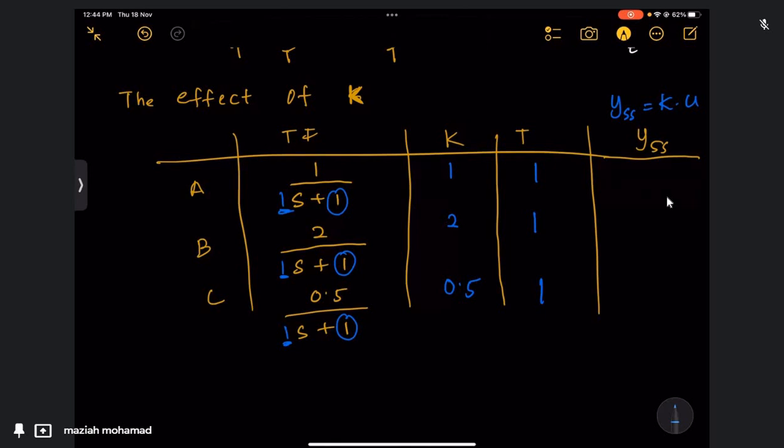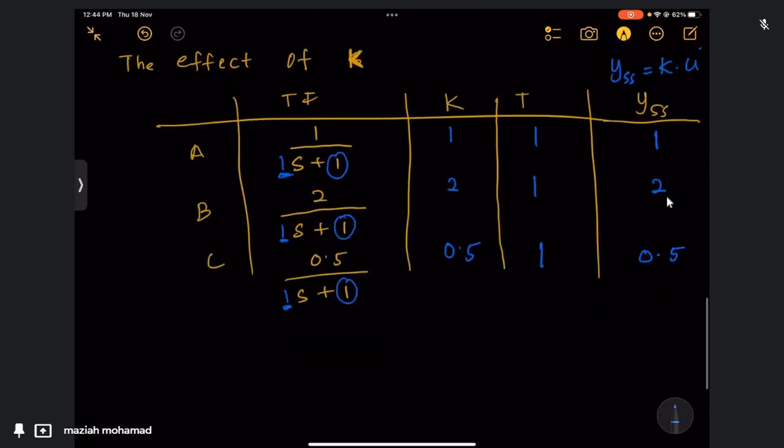So 1 multiplied with 1, the final value will be 1. For system B, 2 multiplied with 1, the final value will be 2. And system number 3 is 0.5 multiplied with 1, U equal to 1.